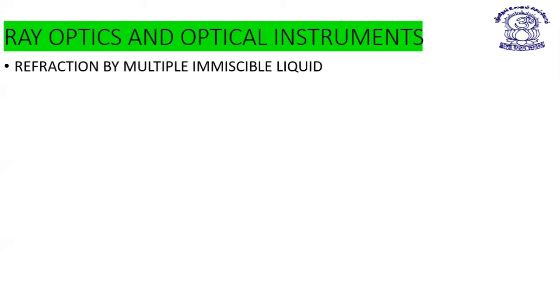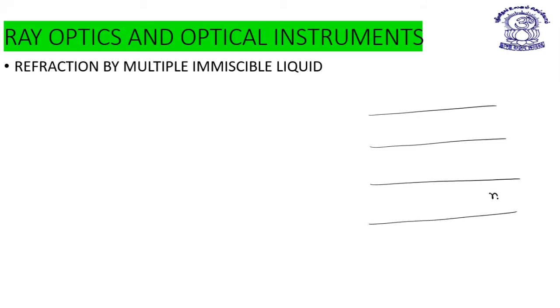What happens if light is incident on a combination of multiple immiscible liquids? Let's say we have 3 different liquids of refractive index N3, N2, N1. They are immiscible and they are filled in a container. Depth of liquid 3 is D3, depth of liquid 2 is D2 and depth of liquid 1 is D1.